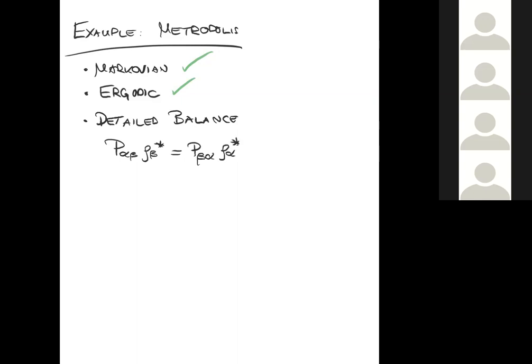Again, remember there's no sum. Really what we can check is the ratio of these two transition rates. And what this says is that P alpha beta divided by P beta alpha must be rho alpha star divided by rho beta star.